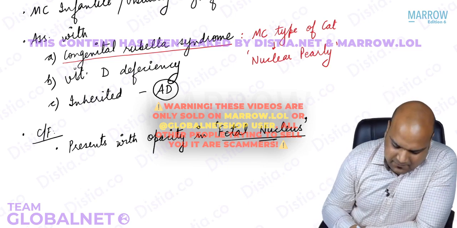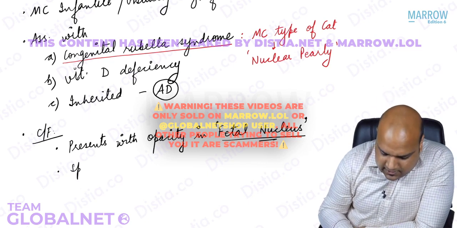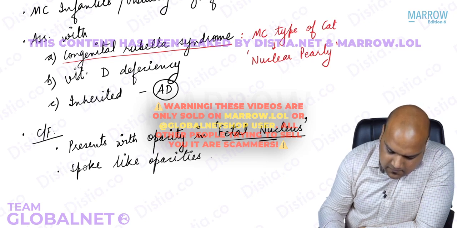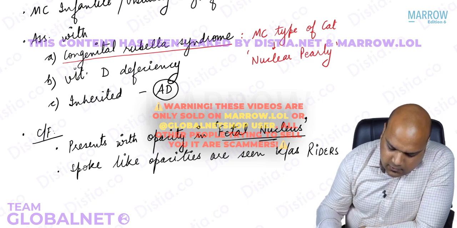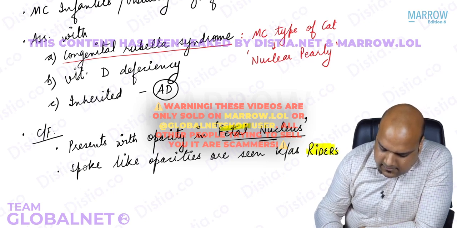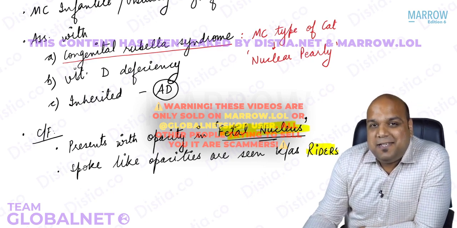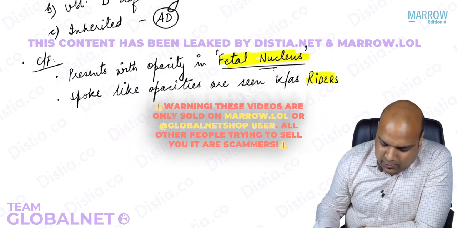Yes. Now, along with the central opacity in the fetal nucleus, everybody, spoke-like opacities are seen which are known as riders. Okay. So if you're talking about the clinical features, please remember a central opacity in the nucleus, the fetal nucleus, along with that spoke-like opacities.